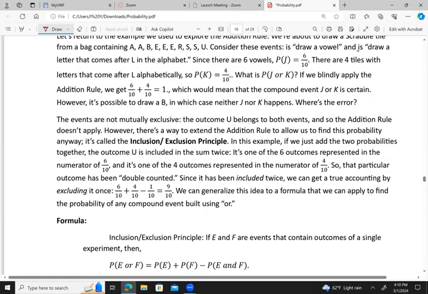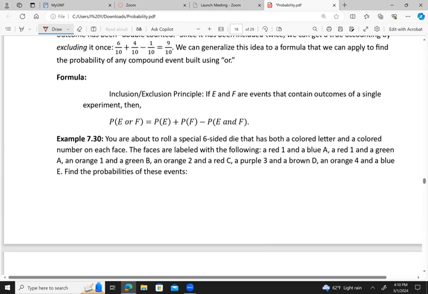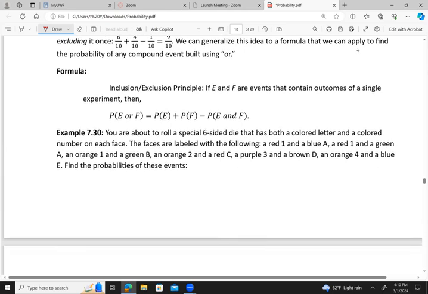We can generalize this idea to a formula that we can apply to find the probability of any compound event built using OR. So if E and F are events that contain outcomes of a single experiment, then the probability of E or F is the probability of E plus the probability of F minus the probability of E and F.